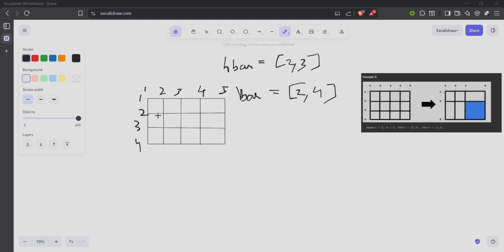So let's try removing 2 first. When we remove 2 in horizontal, and from V bar also, let's remove 2. We have this square. Let's try seeing if we can get a maximum square. If we remove one, we get this square.